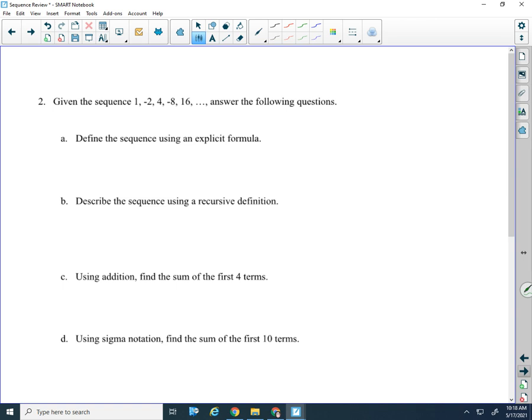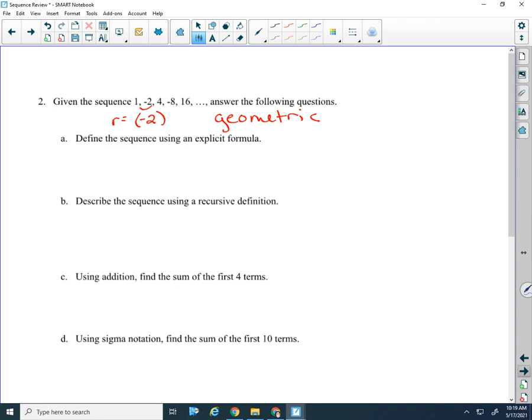Problem 2, given the sequence 1, -2, 4, -8, 16, answer the following questions. This is geometric. And your rate is multiplying by -2. Define the sequence using an explicit formula.